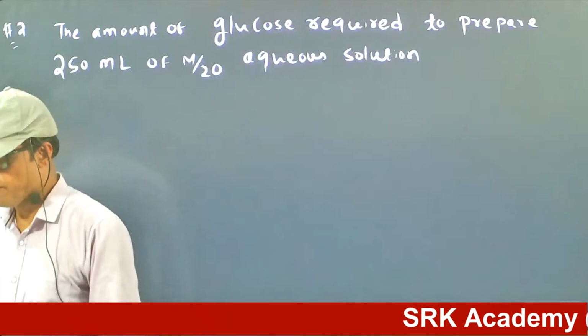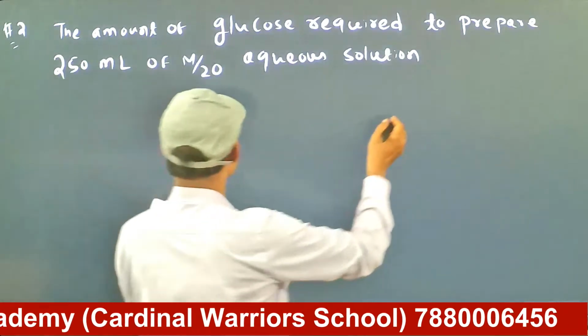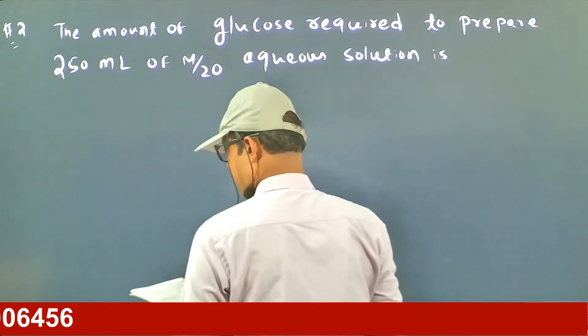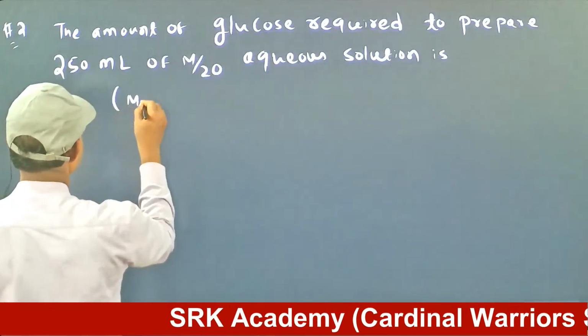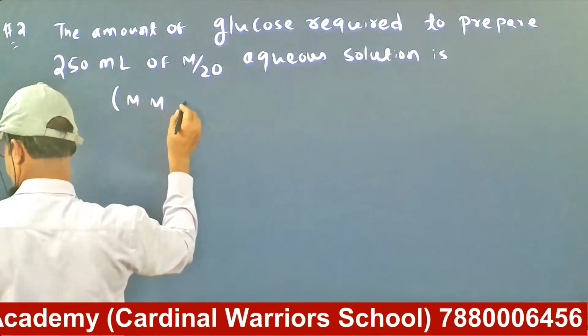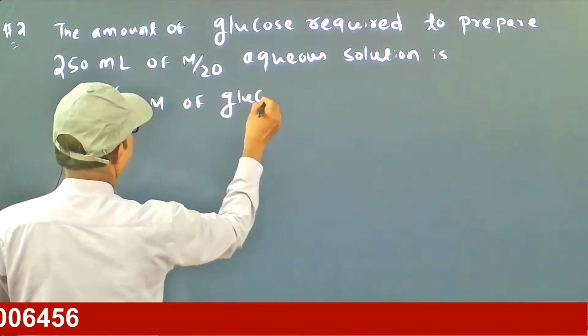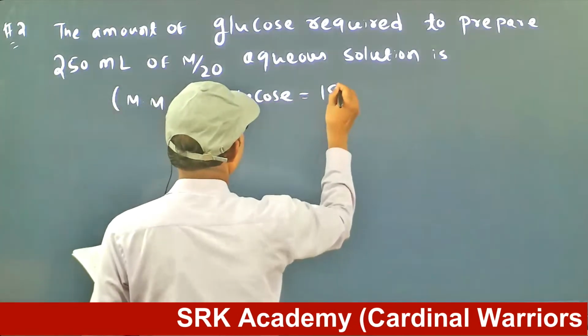So molar mass of glucose is given, that is equal to 180 gram per mole.